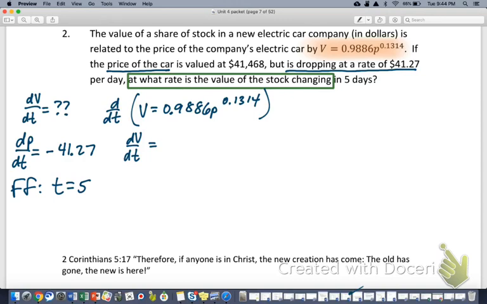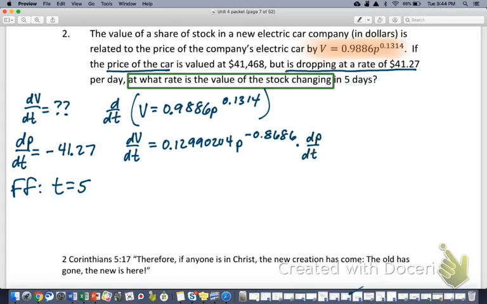I get 0.12990204 p to the negative 0.8686, I think. Yep. And then, of course, I need to multiply by the d/dt of the inside. So I'd multiply by dP/dt.